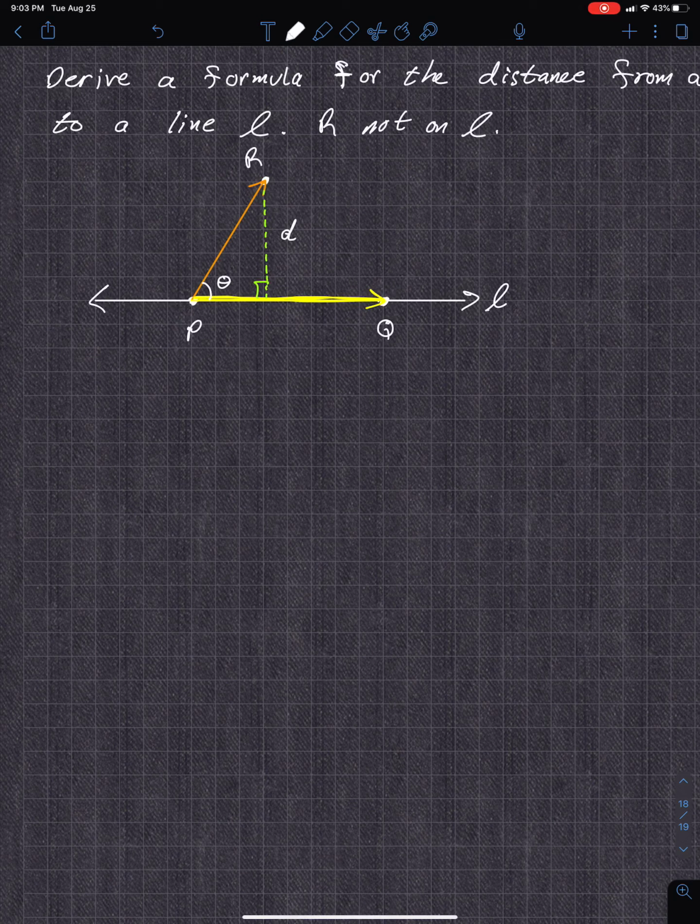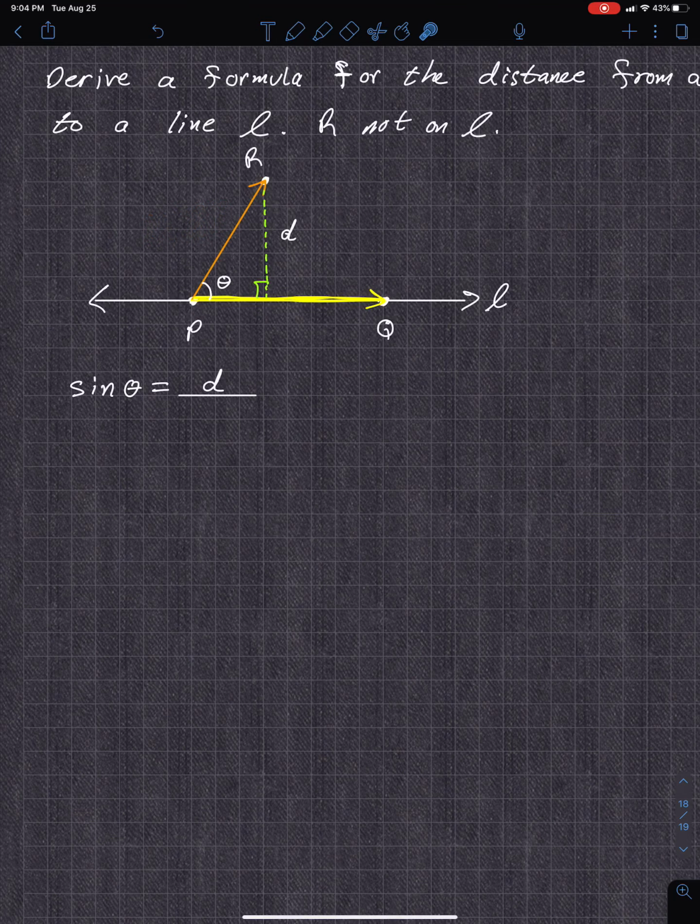Well, you know that sine theta is equal to opposite over hypotenuse. So the hypotenuse is the length of that vector. So how do you calculate the length of this vector PR? Well, you'll do magnitude of PR.